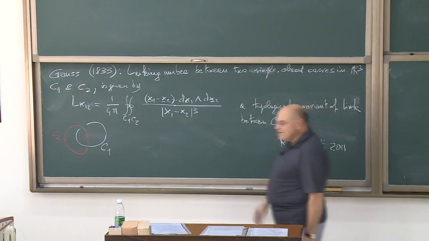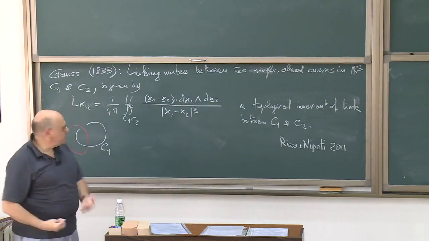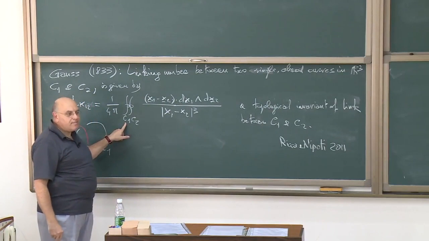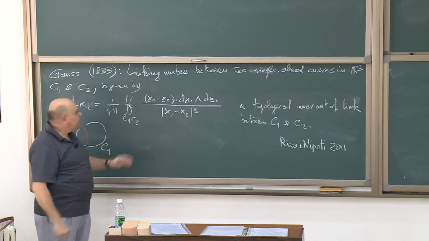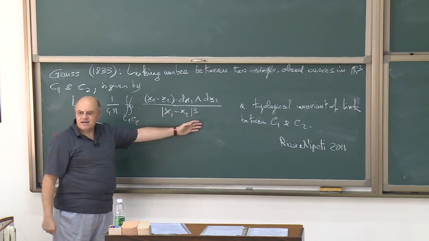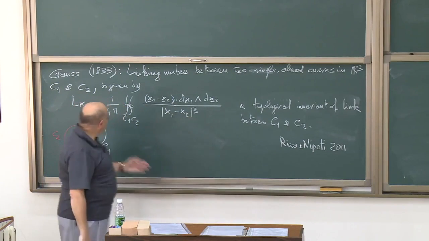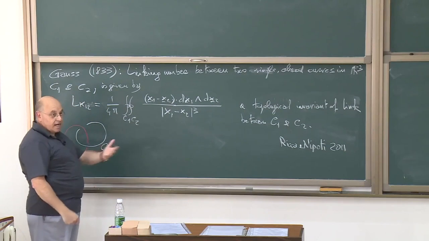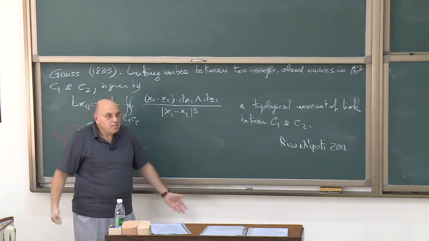And I've read incredible attempts. The most stupid ones are the ones that say, okay, I prescribe the geometry of C1 and C2, say two circles, and I compute this thing. Can you imagine? I compute these things analytically, and then in some way I justify that what I get, a number, is invariant under deformation.